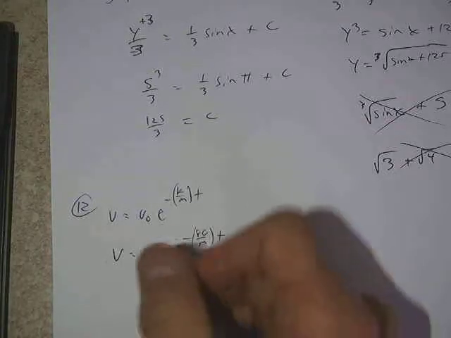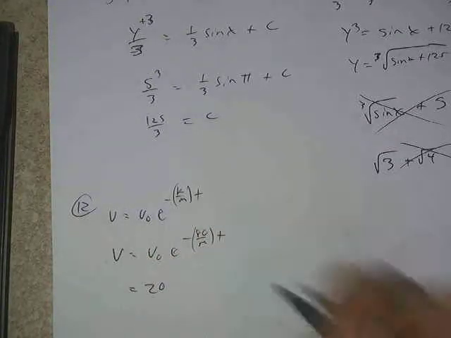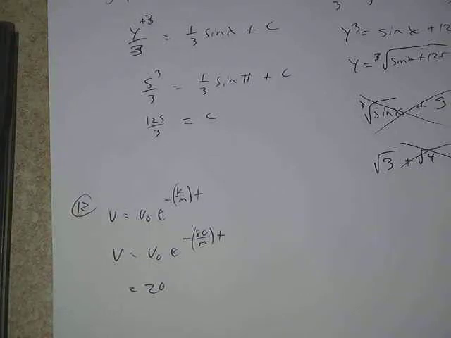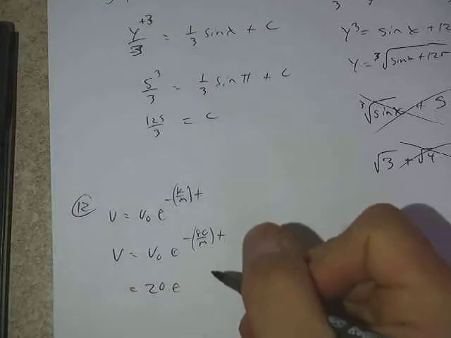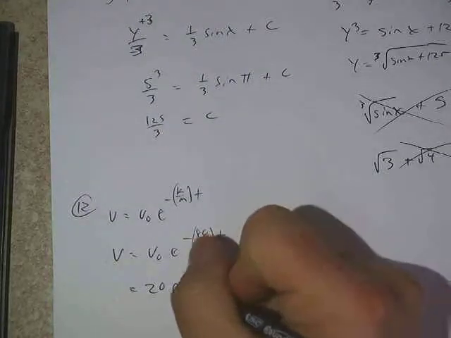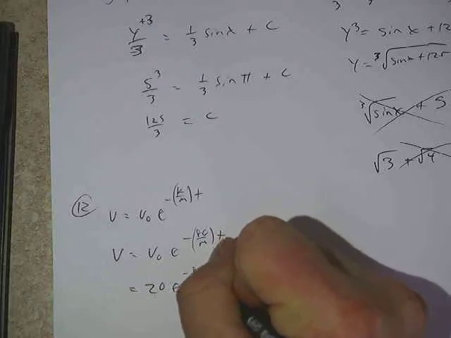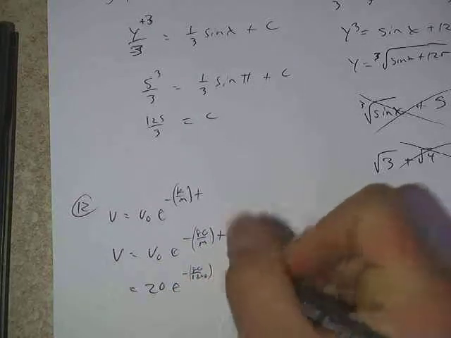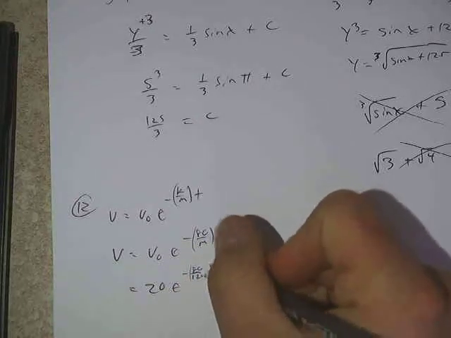It says it's a 1,200 kilogram car that coasts to a stop from a speed of 20 meters per second. And the car's motion obeys this equation, and the k here is 80 kilograms per second, so that means we can put that in right now if we want to. Put that in as 80 over m times t.